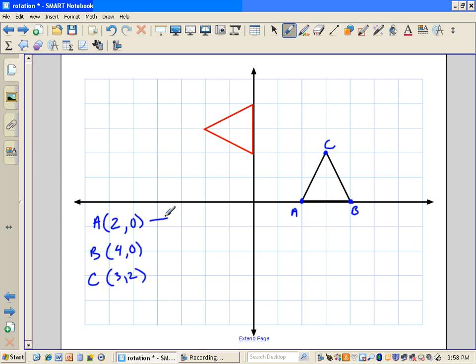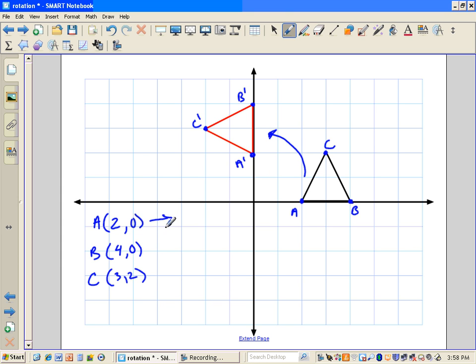And so what do these all become? Well, if you can picture rotating this to here, this is A prime, this is B prime, and this is C prime. We've just picked it up and rotated it.